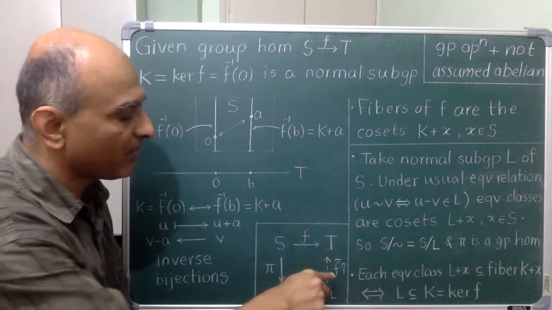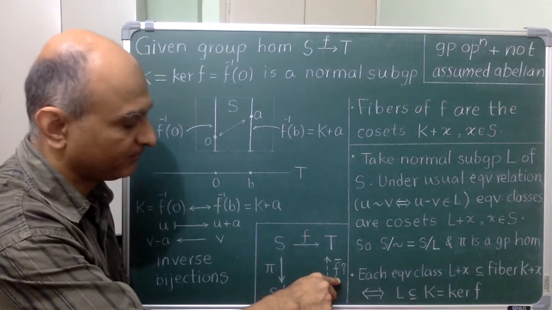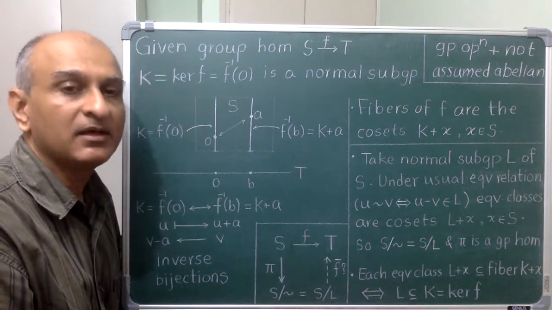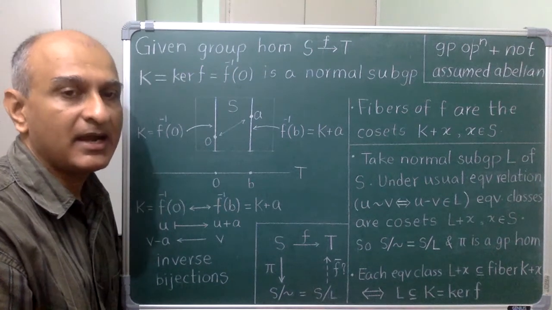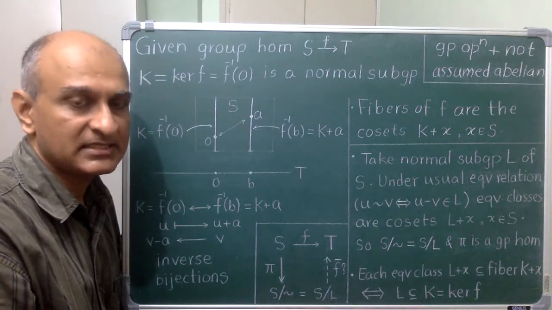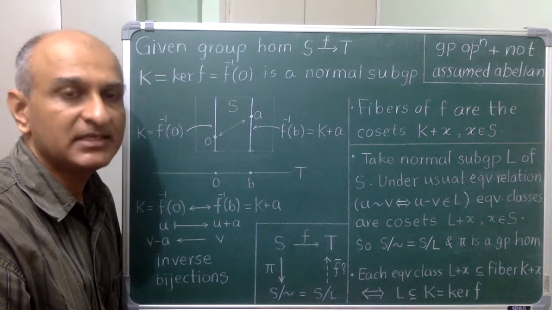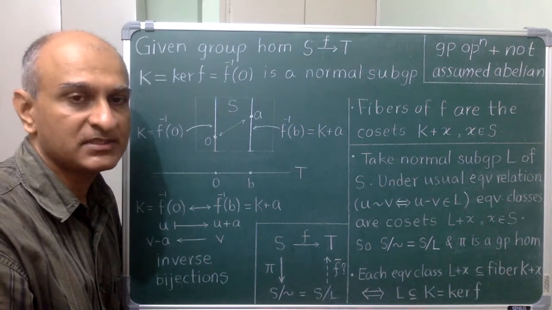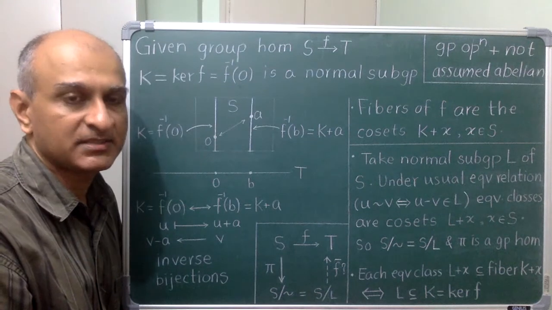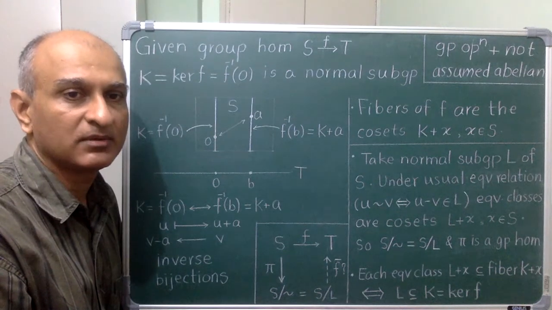I can ask about the existence of F bar. You should recall the earlier criterion and see what it means in this case and deduce the isomorphism theorem for groups. You will see that because of uniformity of fibers, the statement becomes much simpler. So please do this now.